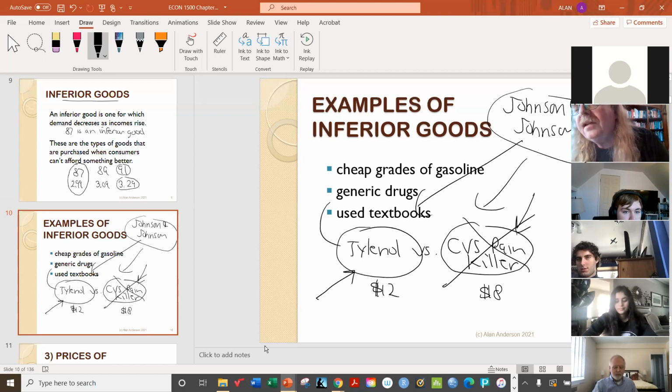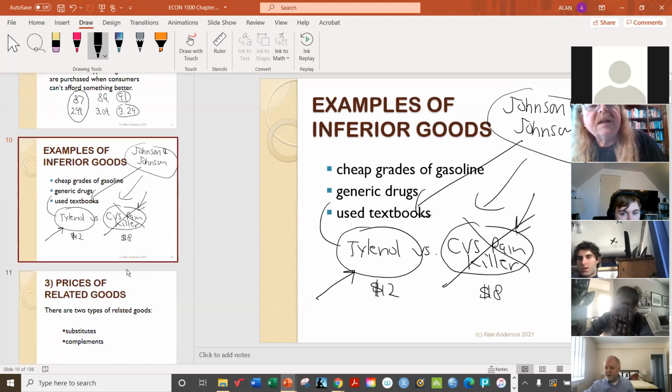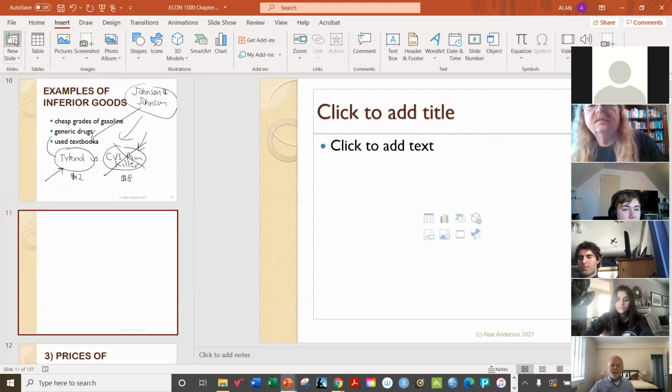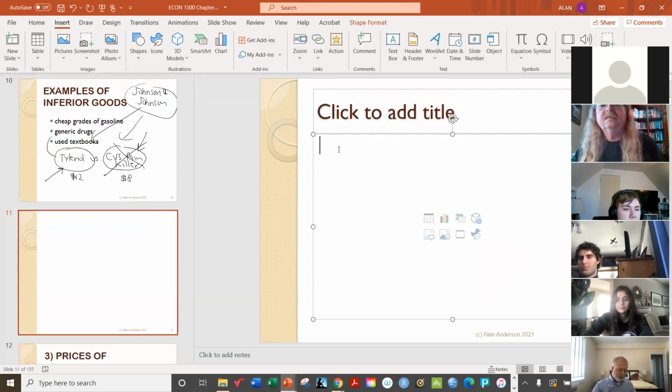So anytime you go to any store that has generic brands, almost certainly it was made by one of the big name companies. In fact, the other day I was looking at an article where, have you ever heard of that company, Costco? What is Costco all about? They have stocks of supplies in bulk.